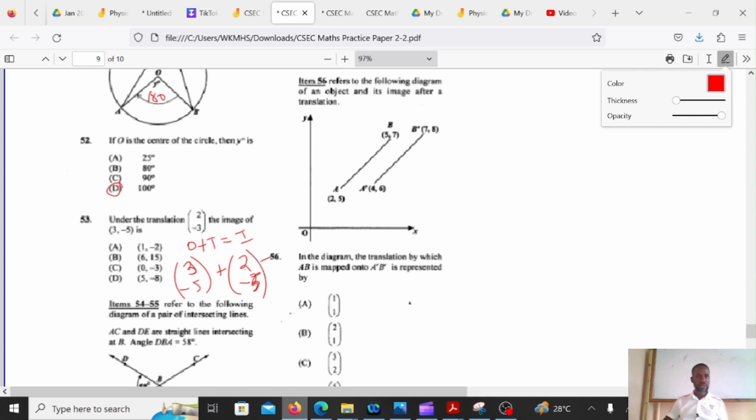So we're going to get 5 negative 8. Okay, so 5 negative 8 is represented by D.